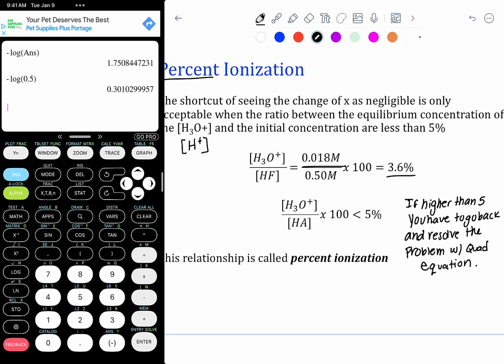Because that's basically saying that the change in X is relevant.